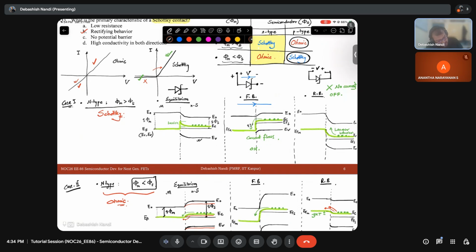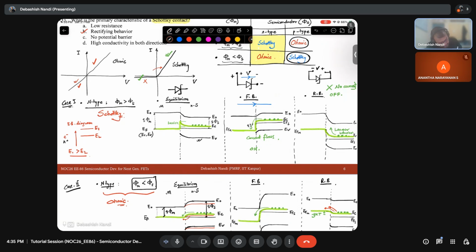And for electrons, higher is the electronic energy. So if I draw the energy band diagram, let's say E1 and E2. E1 is at a higher energy than E2 in the case of electrons.